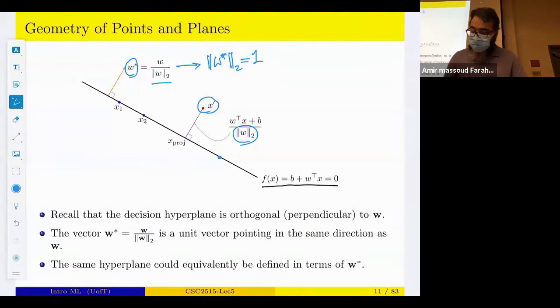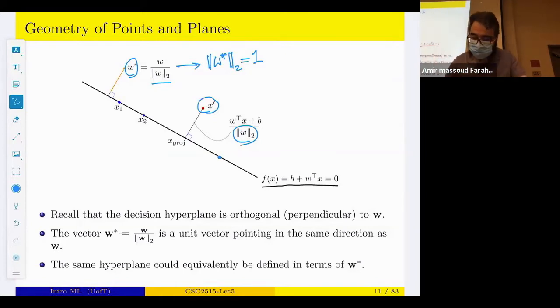So this is a vector of unit size that can describe the plane. And the same hyperplane can equivalently be described in terms of w star, because a hyperplane essentially has a direction. If I multiply w by a constant, we still have the same hyperplane.